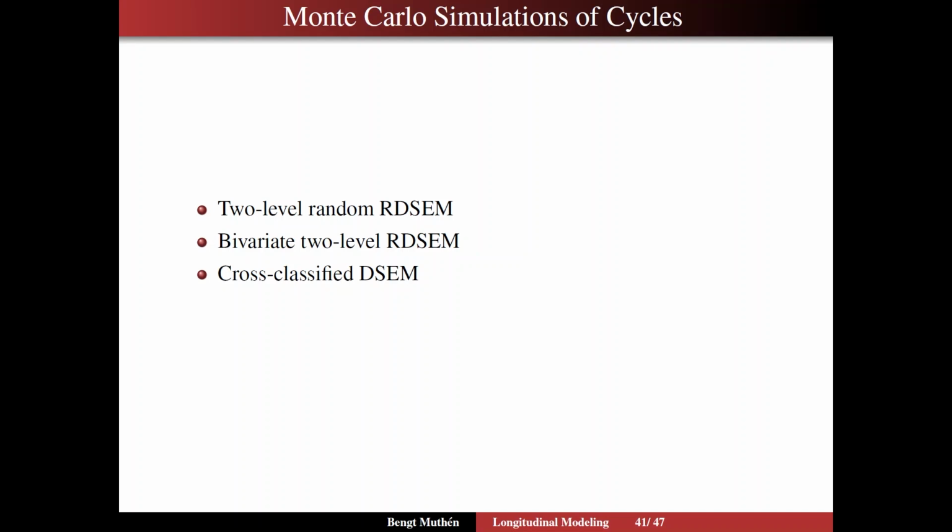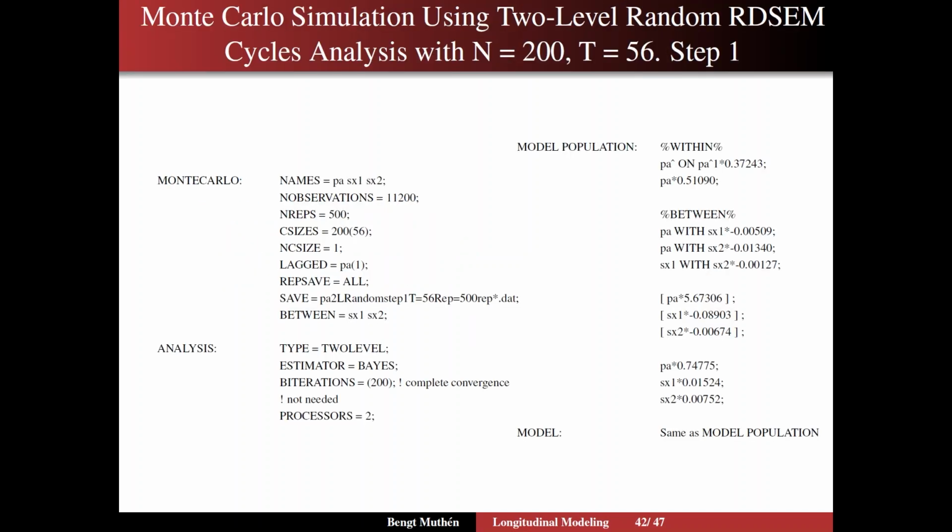So let's take a look at the first model then. It's a 2-level random RDSEM model. That corresponds to figure 6 of the paper, not this Webtalk, but in the paper. So it has random effects, random coefficients for the cycles variables.